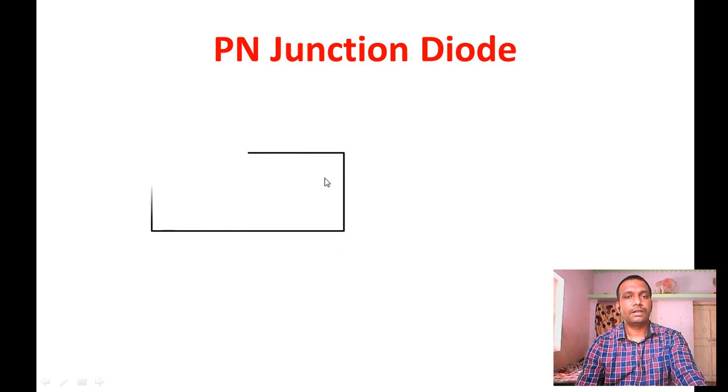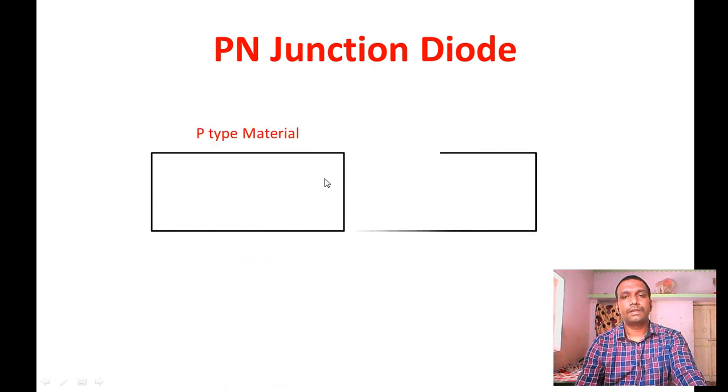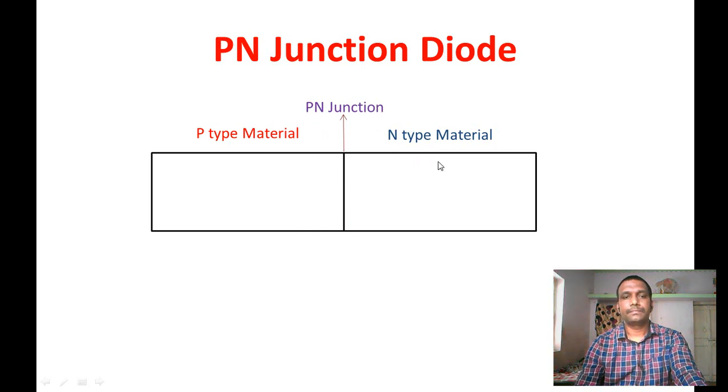This is one material, called the p-type material. This is another material, called the n-type material. In between, there is one junction, and the name of that junction is the p-n junction. The diode is named p-n junction because of the p-type and n-type material with the junction in between p and n.